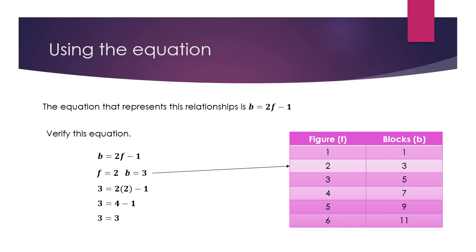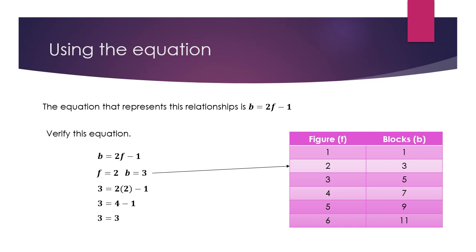And I get 3 equals 3, and that's what I want because I know that's a true statement, so I've verified this equation. So to verify an equation, you pick any pair of points in your table of values and you plug them into the equation for the right letter. And you make sure that at the end you get something that makes sense, like 3 equals 3, or 5 equals 5, or 10 equals 10, something like that.